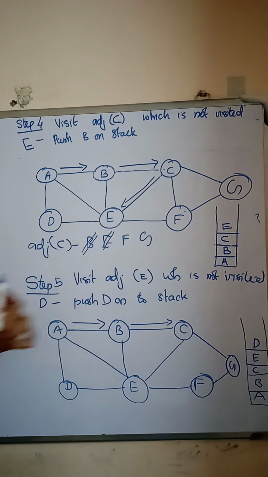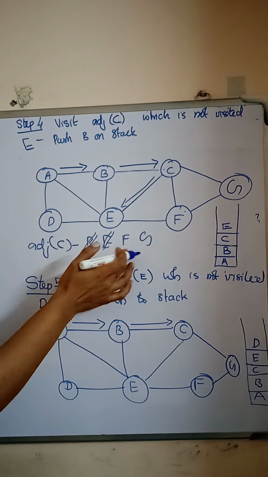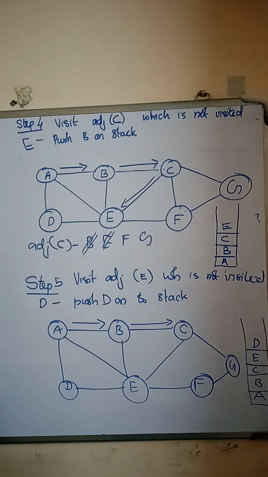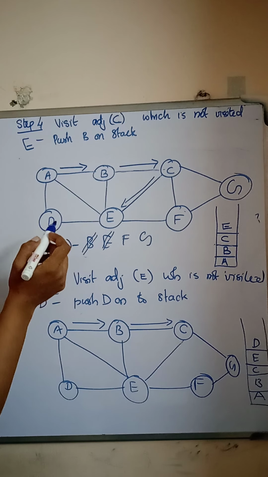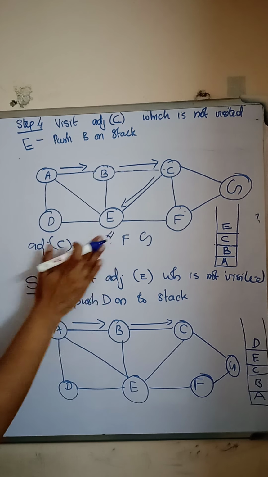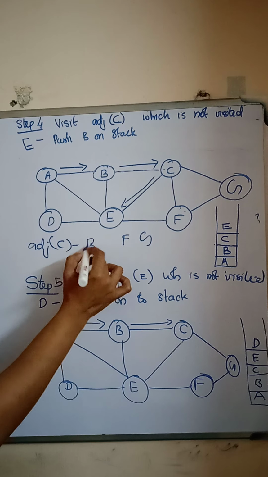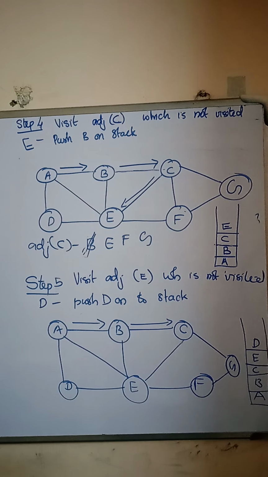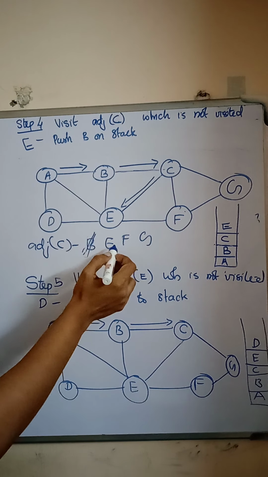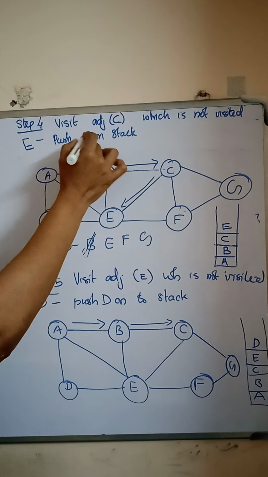You can choose E, F or G. Oh no, E is not visited earlier; only B was visited earlier. So we can choose E. Now we push E onto the stack.